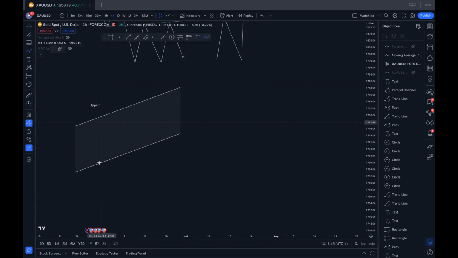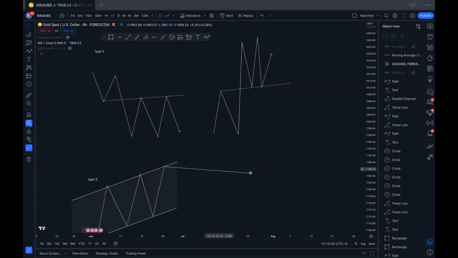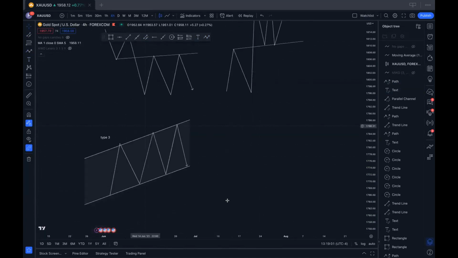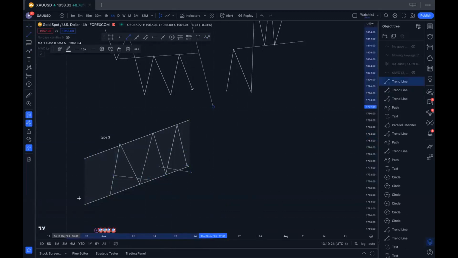Type 3 is just a big channel like this, but you're going to find that before you use this, you're going to use the other ones, and this is kind of redundant. You don't want to even really use it, because you can also find trend lines within price here, you know what I mean? There'll be better and cleaner and much more precise trend lines. So that's why we don't use it.